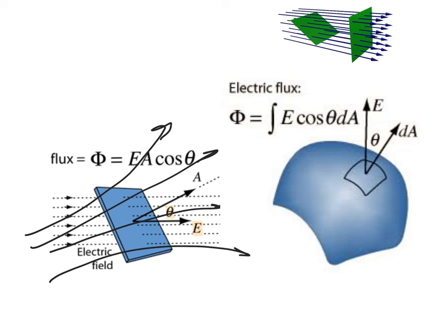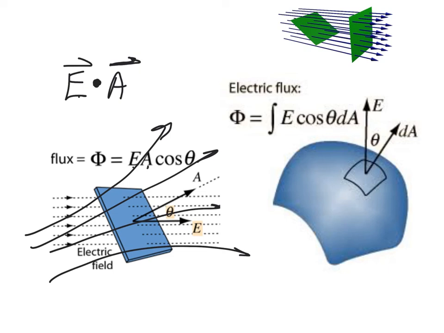But the final thing to remember, and you'll see it on the equation sheet, is that this relationship of two vectors times the cosine of the angle, the EA cosine theta, can be written as the dot product or the scalar product. If you haven't seen this, you're seeing it now. This is a vector calculus notation. The E dot dA, it's called the dot product because it's a big dot, and it's a scalar product because you multiply two vectors, E times A, and get a scalar.